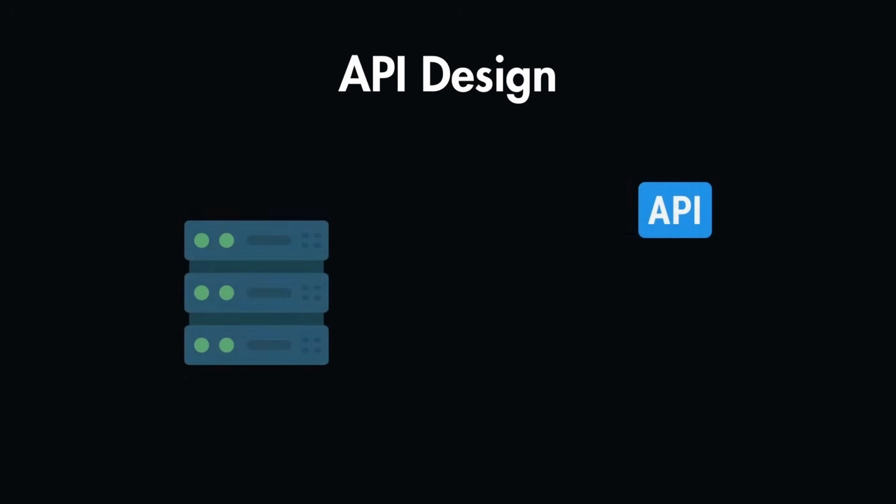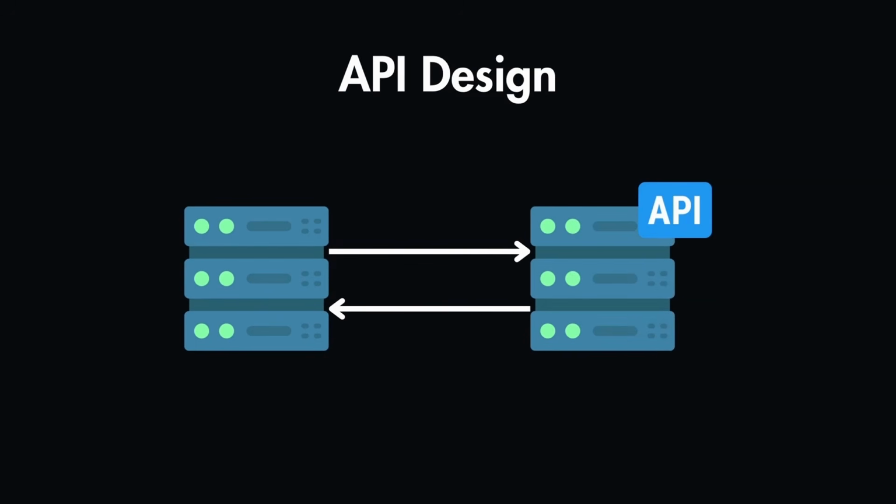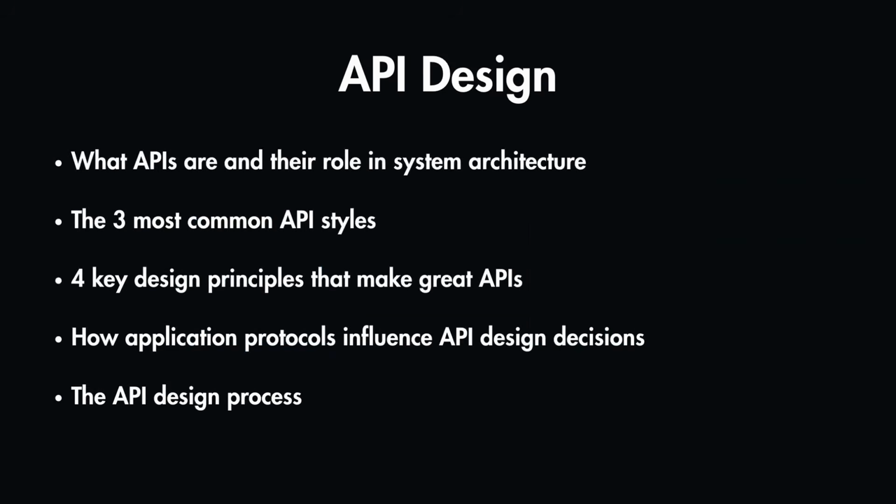Welcome to this section where you will learn the fundamental principles of API design, which will enable you to create efficient, scalable, and also maintainable interfaces between software systems. Here is what we are going to cover in this lesson. We'll start from what APIs are and what is their role in system architecture.